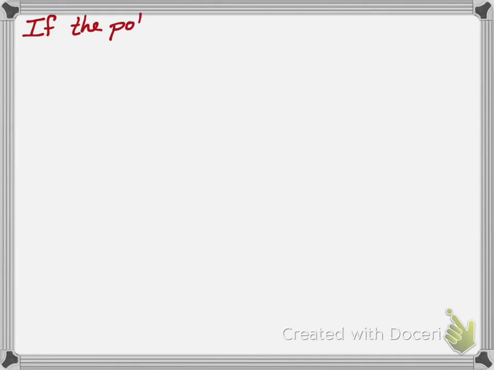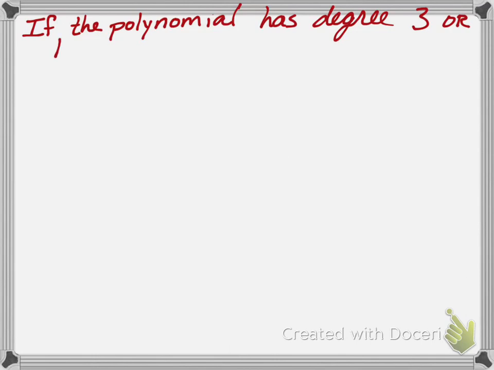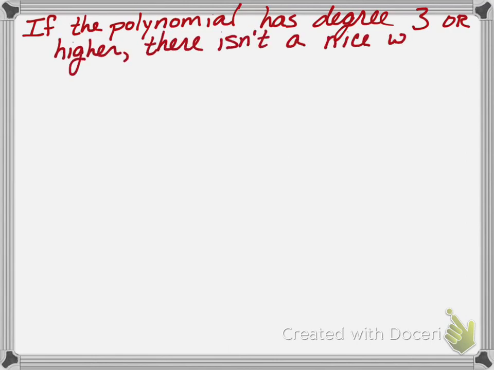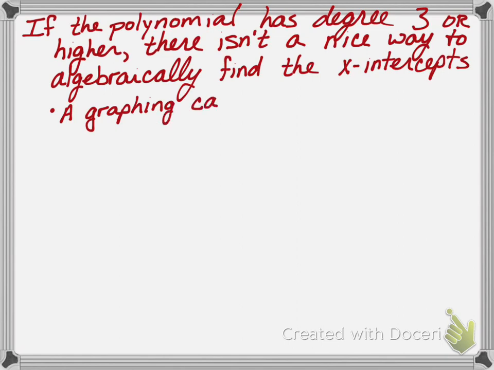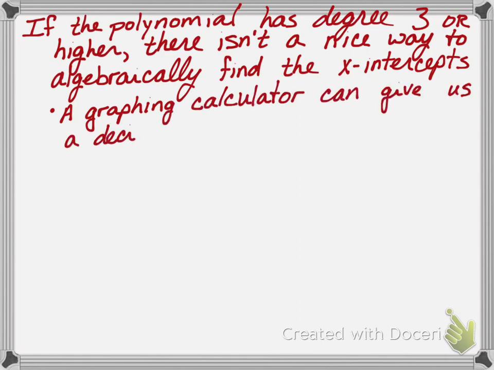But what if the polynomial has degree 3 or more? Unfortunately, there isn't a nice algebraic way to find the x-intercepts. The best that we can do is use a graphing calculator to give us decimal approximations.